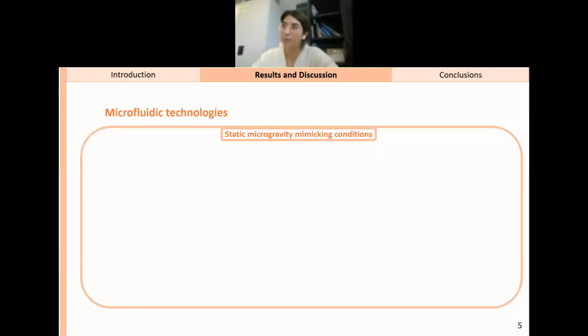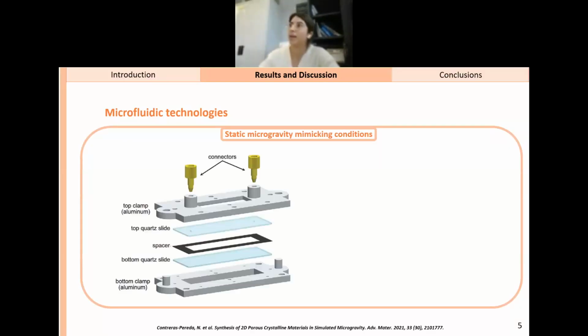So I would like first to show you the specific device that they use in this paper, which is this one that they say can simulate microgravity mimicking conditions. So for that, this is the exact device. This one is built between a top clamp and a bottom clamp made from aluminum.